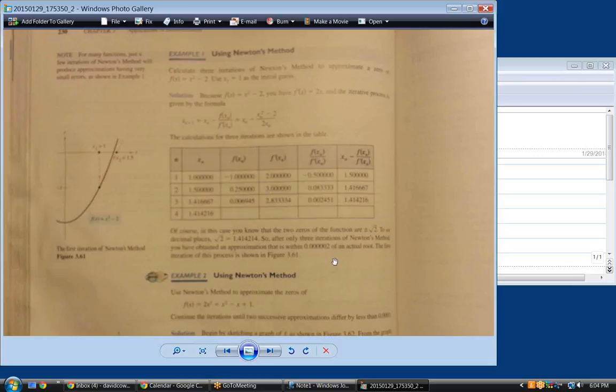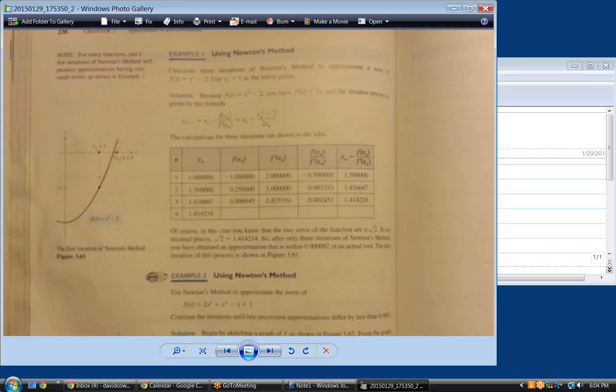There are some functions where it does not hone in on the zero. It keeps bouncing back and forth and never does find the zero. And there's a test you can use for determining whether it's going to converge on the actual zero or whether it will not.